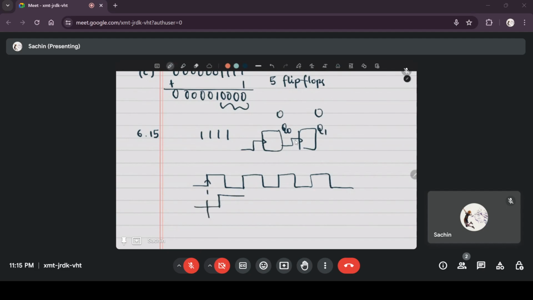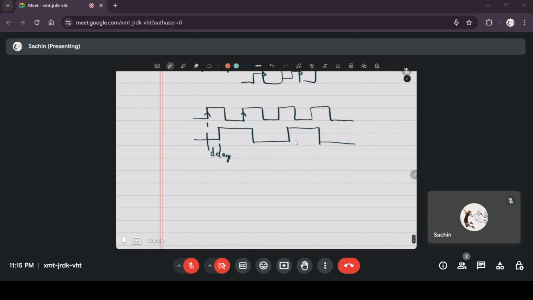So this is the delay, and then when another clock pulse occurs, it will change like this. So now the complement of this is Q0 bar, which is initially high. It will fall down, go up, fall down, go up.